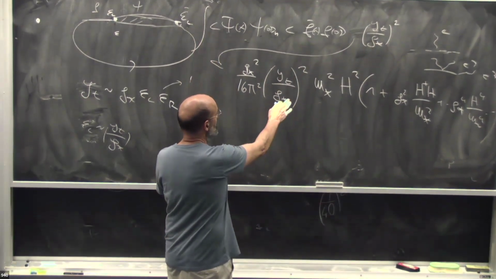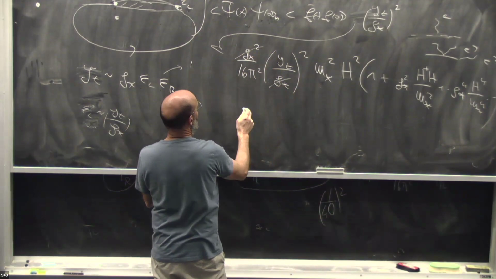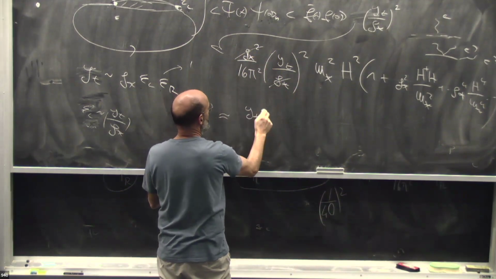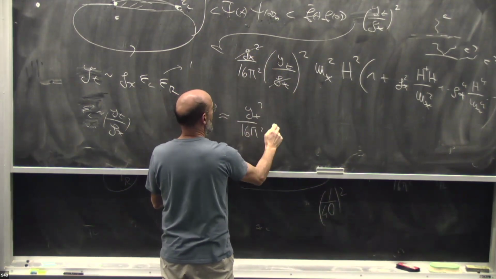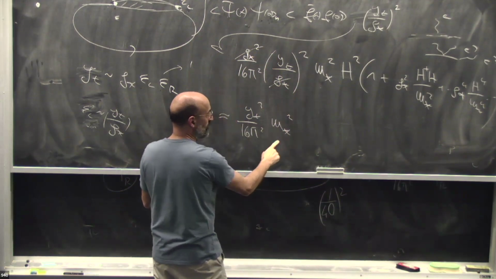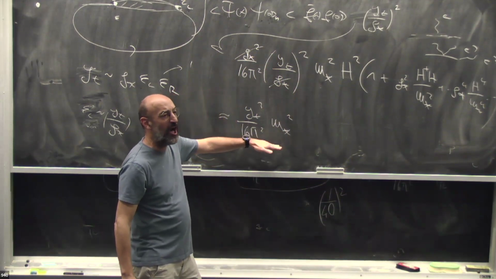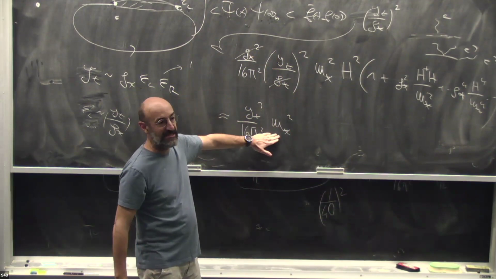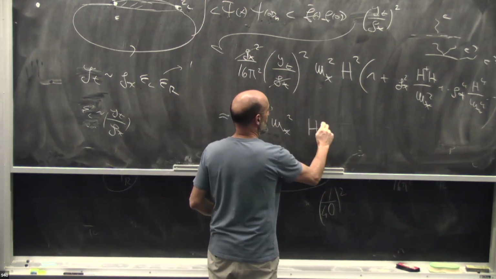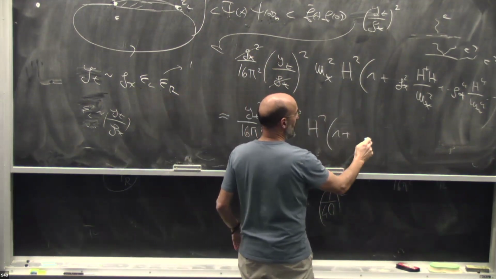And notice that this goes precisely like what you would expect. You have y top square over 16 pi square, times the scale of new physics. In the low energy computation, this is the quadratic divergence, this is just the mass of the resonances times the Higgs, 1 plus nonlinearities, okay?